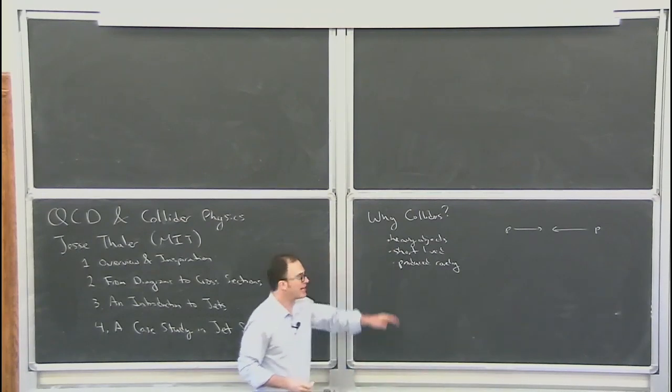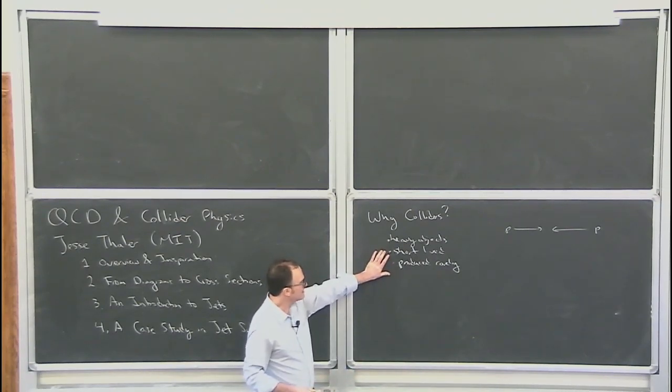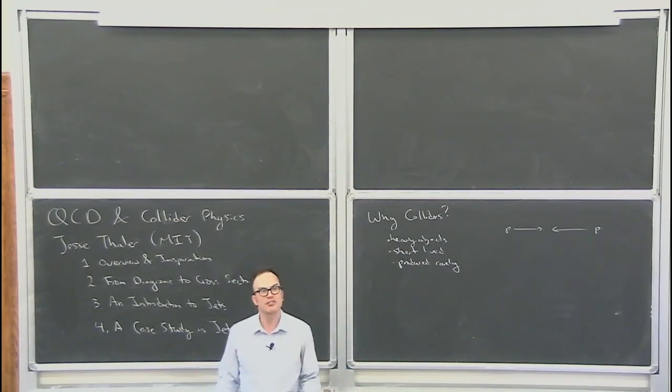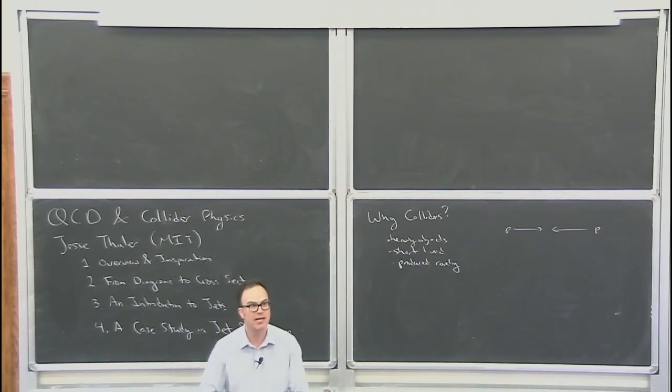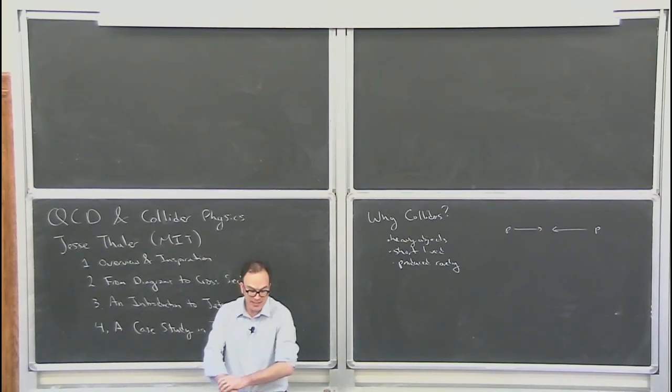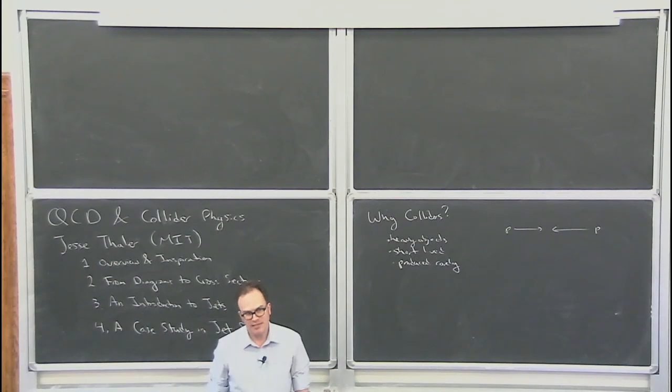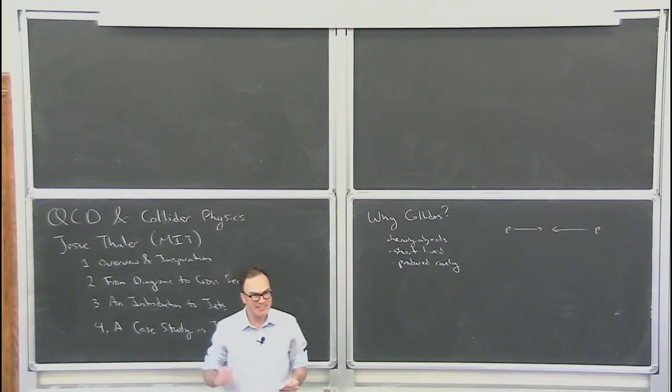And if you have lighter objects that are longer lived and they're produced more copiously, there's other strategies that you could try to use to study them. But in this case, we don't at the moment have a better strategy for understanding objects like this, and colliders are our best approach. And again, if you come up with a better method, you will revolutionize particle physics.